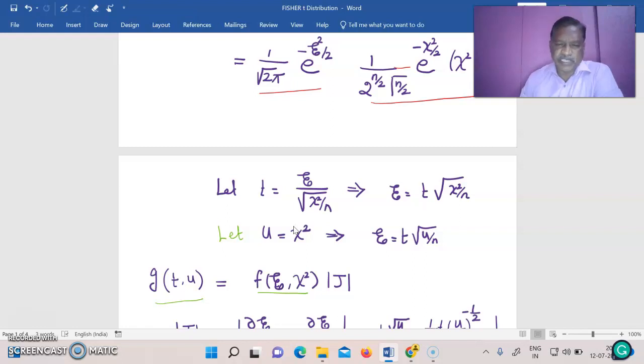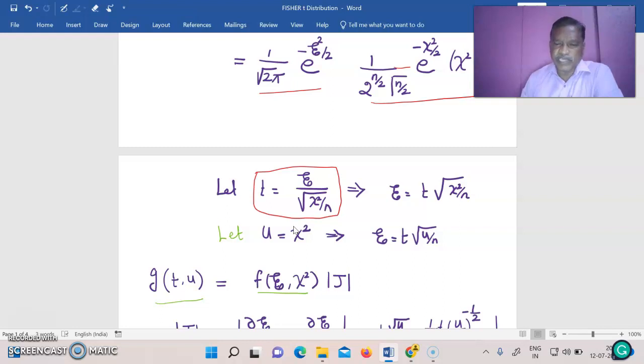Now let us make one transformation in order to get the probability density function of Fisher's t. The Fisher's t transformation is t equal to psi divided by square root of chi-square by n. This is one random variable. So now t is the new random variable, psi is the old random variable, chi-square is the old random variable. So we must get the old random variables in terms of the new random variables.